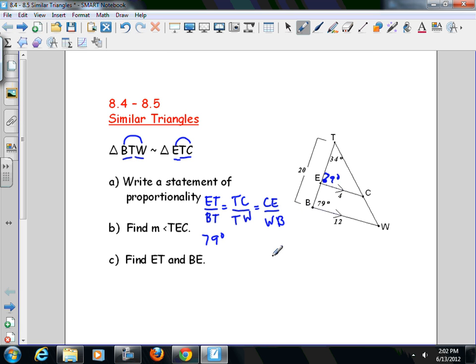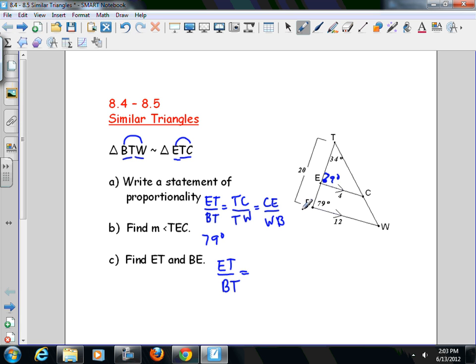Let's see if we can find ET first. Do we have any proportions set up with ET? Yes, we do. The ratio of ET to BT gives us a scale factor. So let's set that up. We know ET over BT, and we know side BT, which is good.